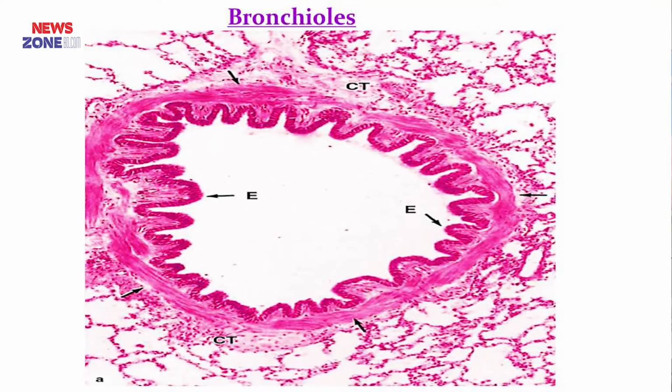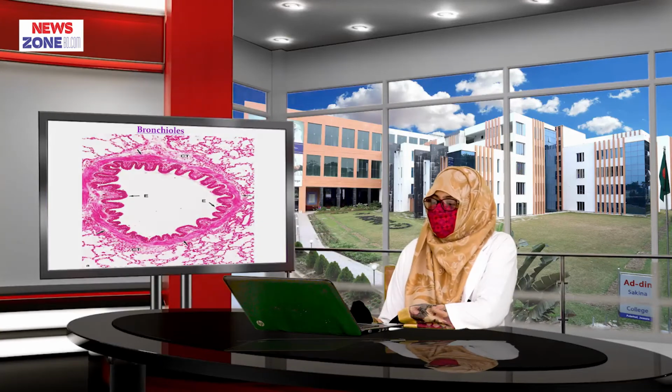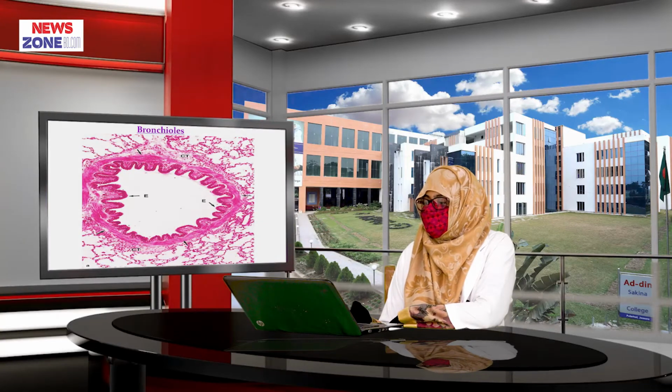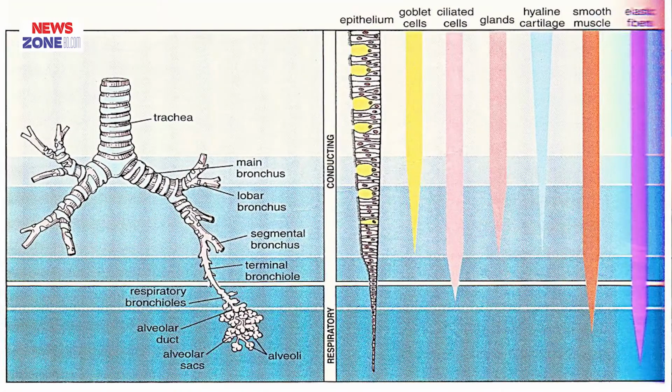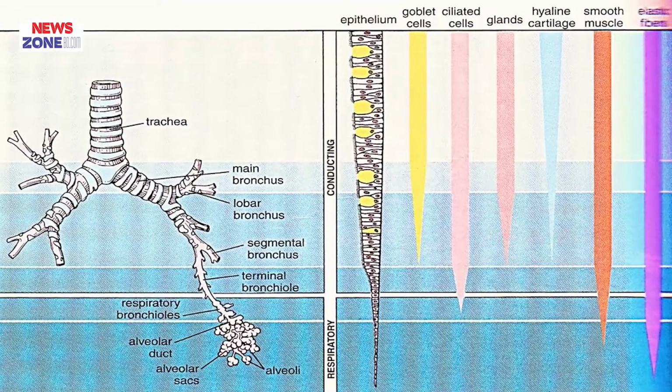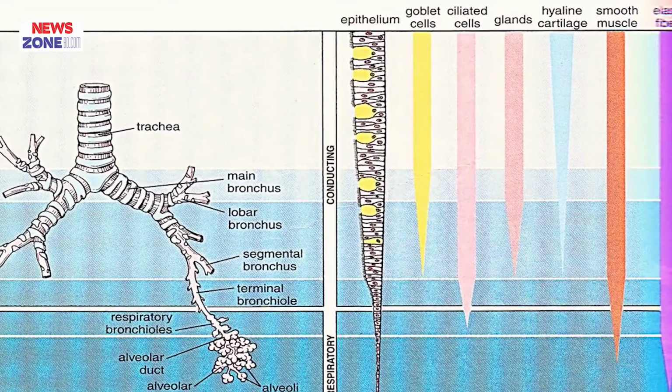In the larger bronchioles, the epithelium is still ciliated pseudostratified columnar epithelium, but this decreases in height and becomes ciliated simple columnar or cuboidal epithelium in the smaller terminal bronchioles.